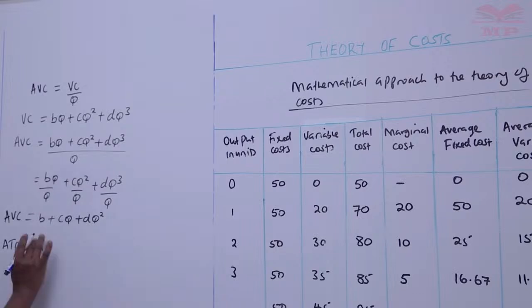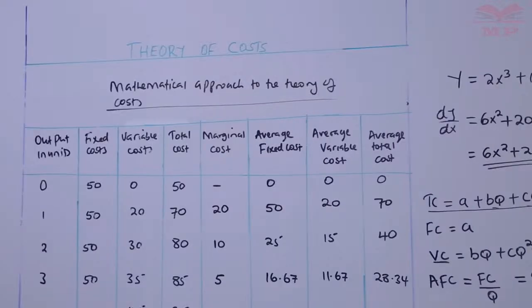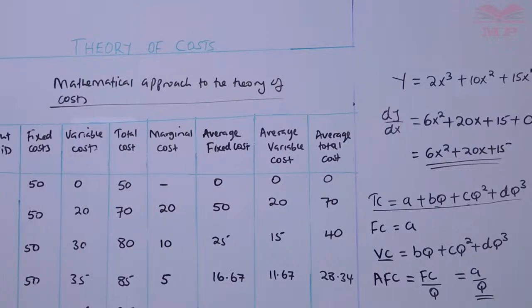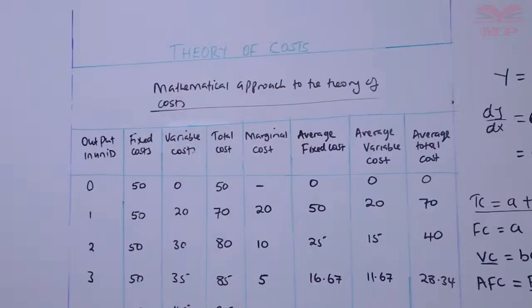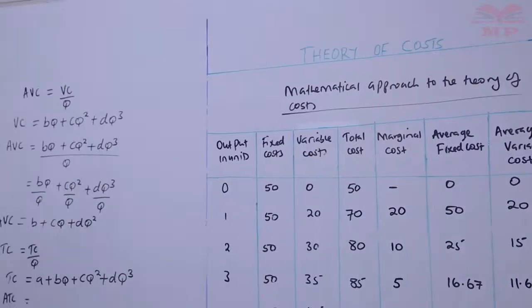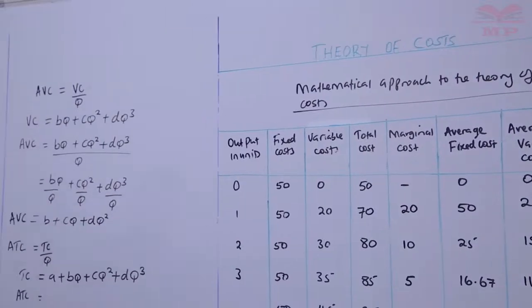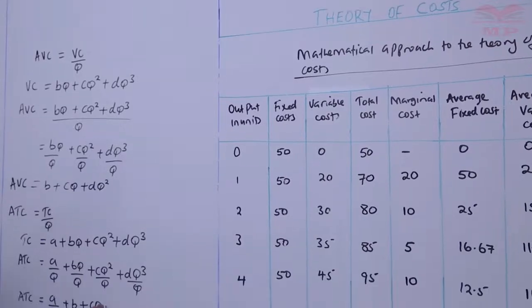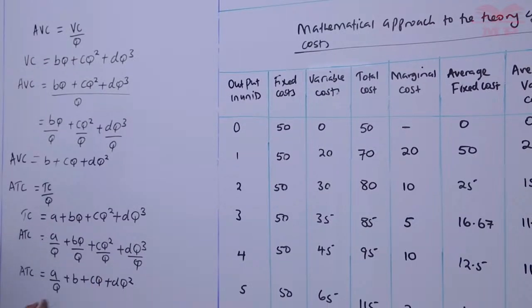Average total cost equals total cost divided by Q. We were given the total cost function: if TC equals A plus BQ plus CQ squared plus DQ cubed, then to get average total cost we divide the whole of this by Q, which gives A over Q plus B plus CQ plus DQ squared, and that will be our average total cost.